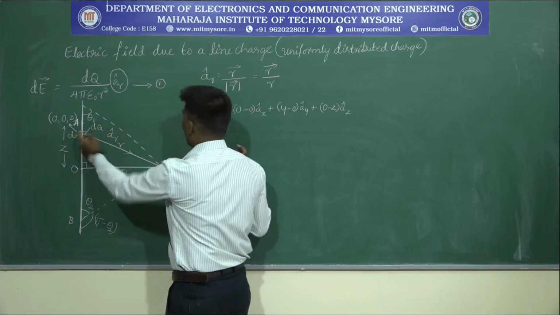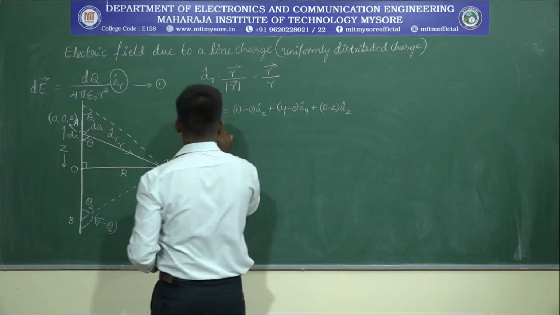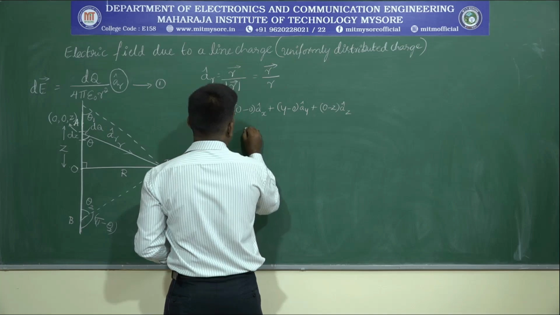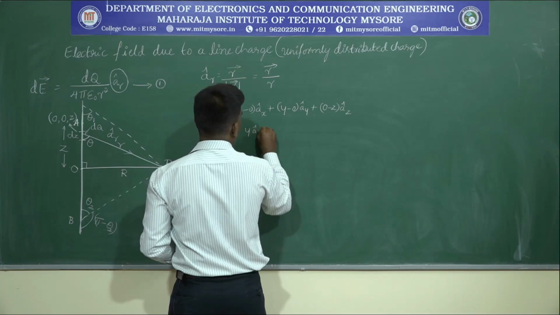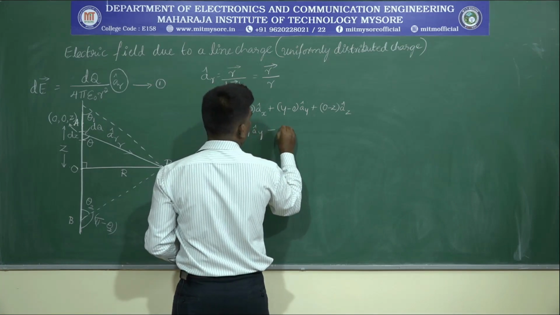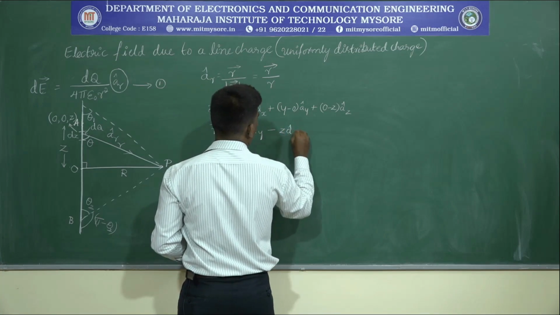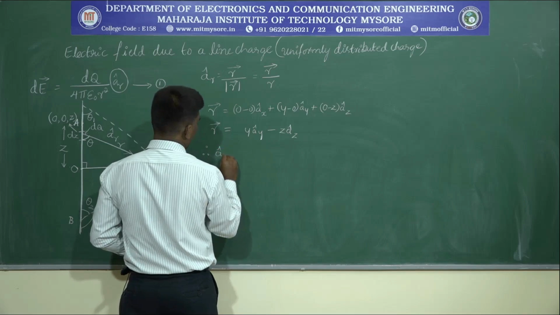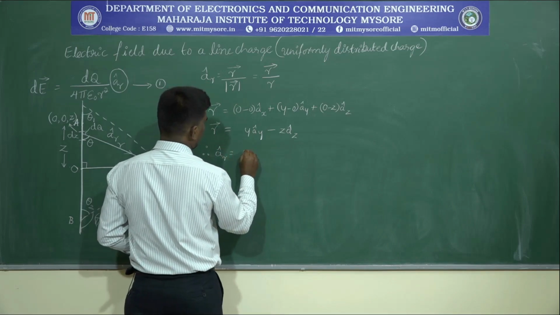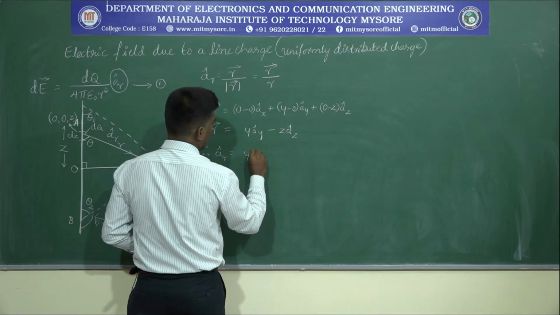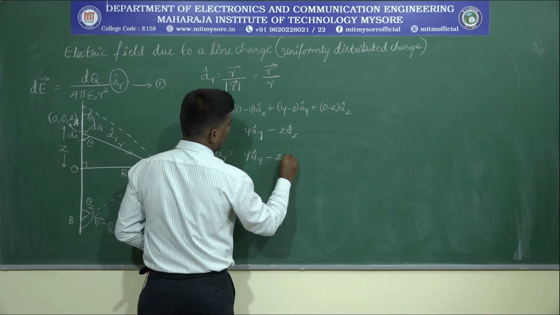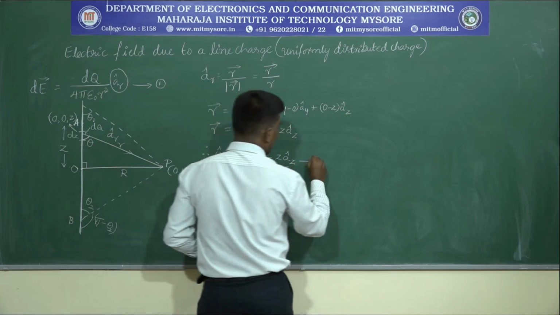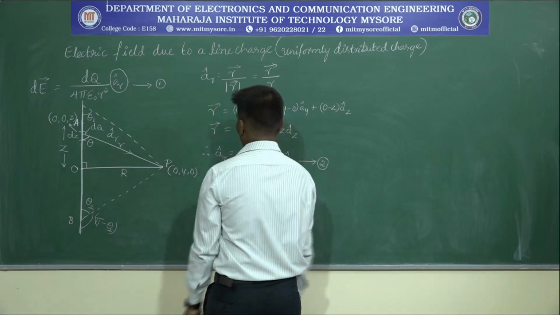So by solving this, vector r is given by y into a cap y minus z into a cap z. Therefore, the unit vector a cap r becomes y into a cap y minus z into a cap z divided by r. Consider this as equation 2.